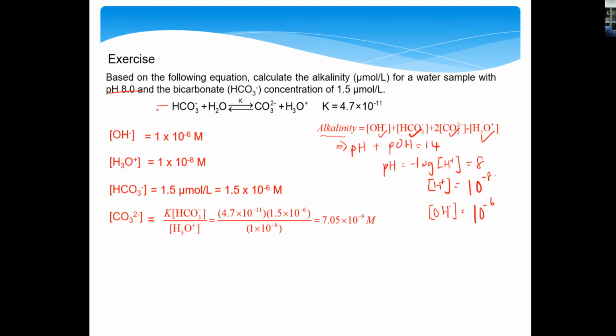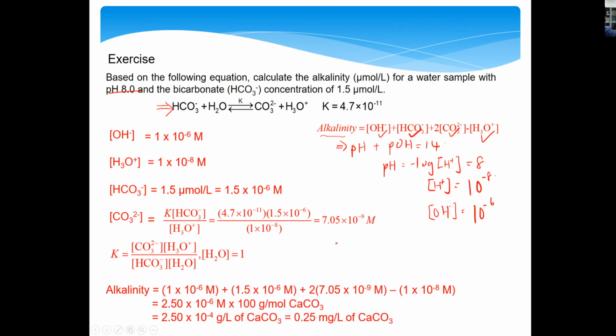You have to write down the equilibrium equation for this, and the water concentration you can put as 1. In this case, the given constant is 4.7 times 10 to the power of negative 11, times the concentration of bicarbonate divided by the concentration of hydrogen ion. You're going to get 7.05 times 10 to the power of negative 9.